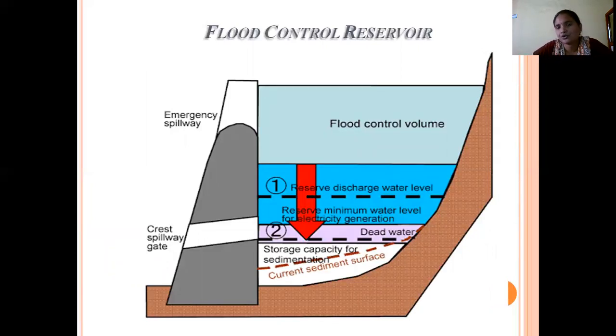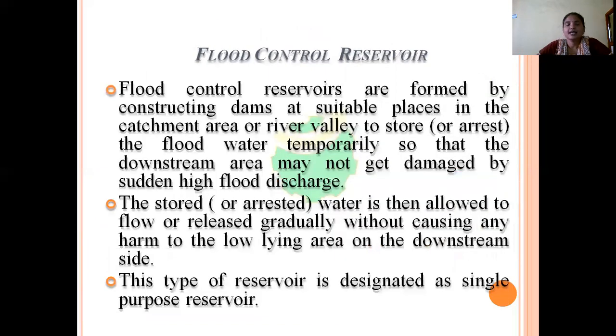Next, flood control reservoirs. Flood control reservoirs are formed by constructing dams at suitable places in the catchment area or river valley to store the flood water temporarily so that the downstream area may not get damaged by sudden high flood discharges. What is the catchment area? We have two areas: catchment area and command area.